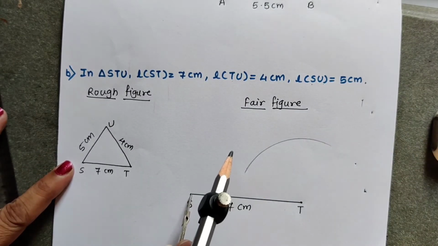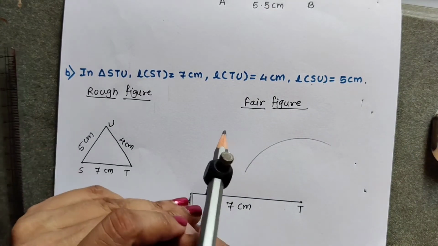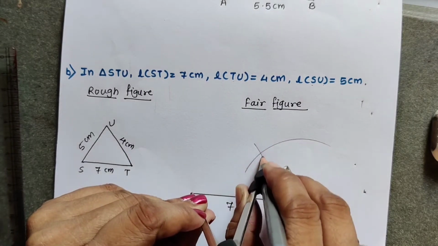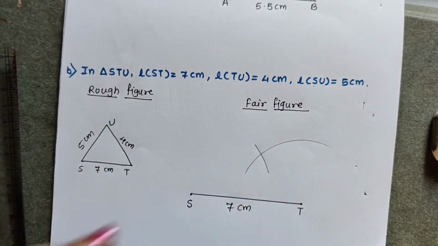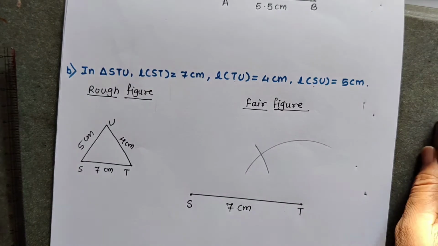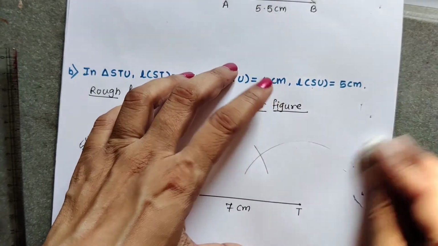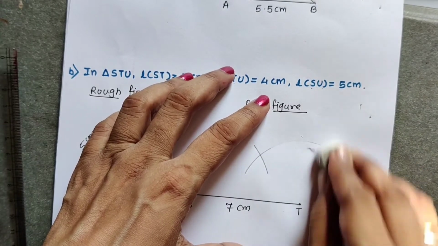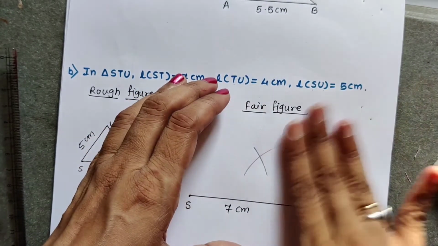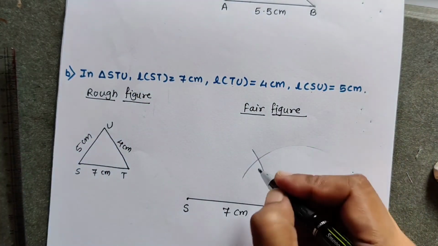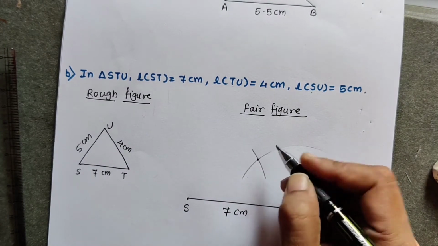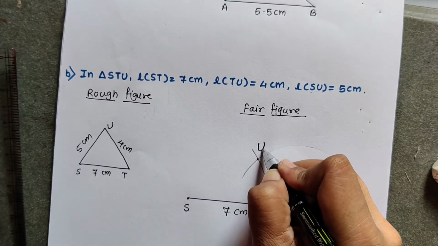Placing the pointer at point S, I will be drawing the second arc which intersects the previous arc. And this way we have got two intersecting arcs. Now you can rub out the extra portion, and now we will make this point little dark. So in this way we have fixed the position of point U.